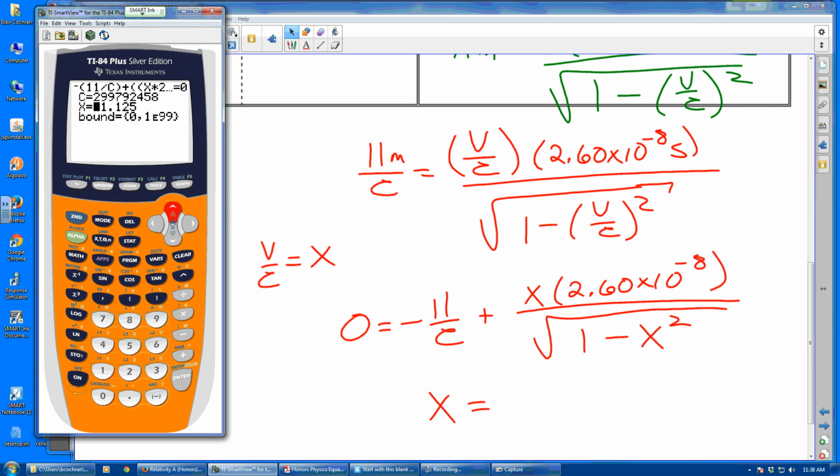Hit 0 instead of that last sign. Now arrow back up. Changing the bound from negative to 0 tells me, hey, I only want positive answers.